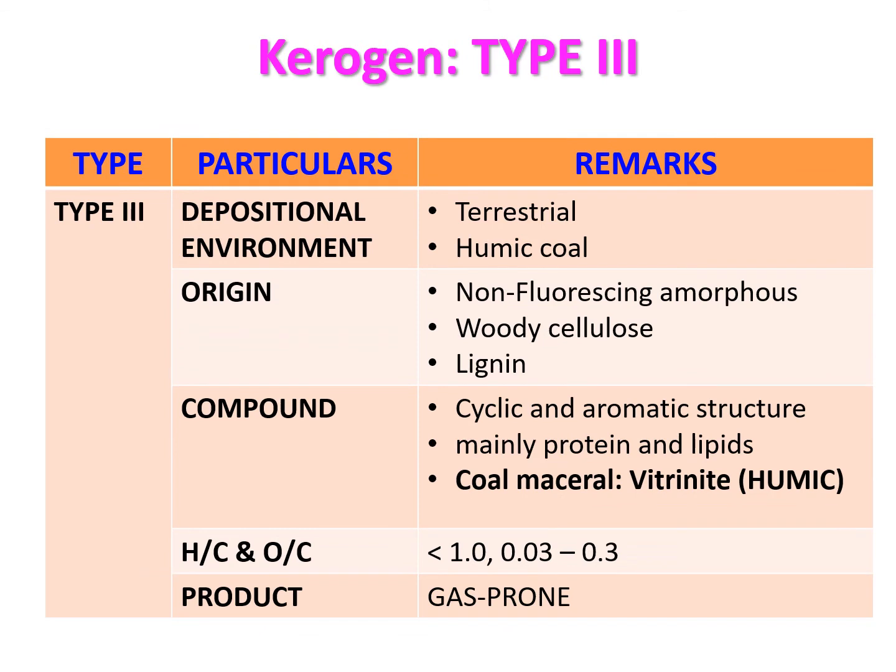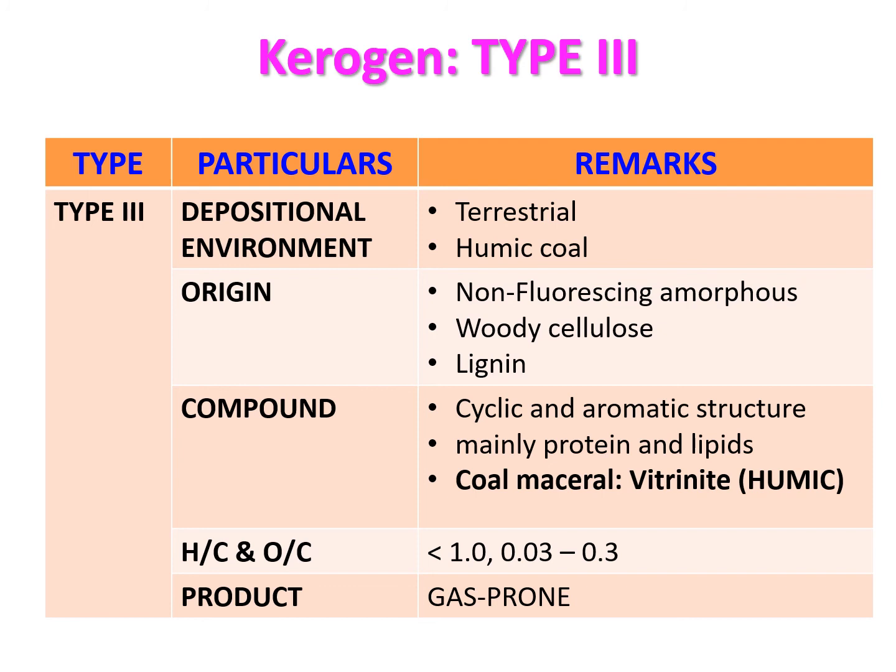Kerogen type 3 originated from terrestrial environments, where we can find humic coals mostly in this kind of depositional environment. The origin is non-fluorescent amorphous organic matter, woody cellulose, and lignin materials.